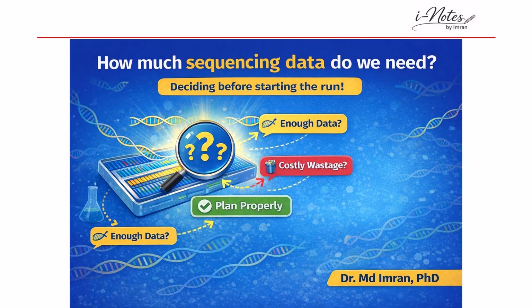Based on experience, I can tell you sequencing is not about generating maximum data but generating the right amount of data. And most sequencing failures don't happen in the machine, they happen during the planning.